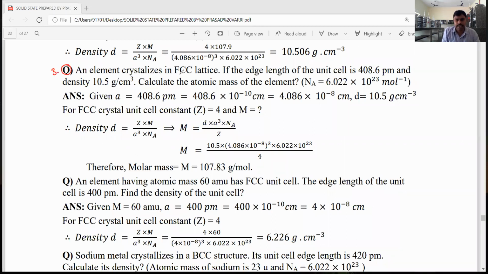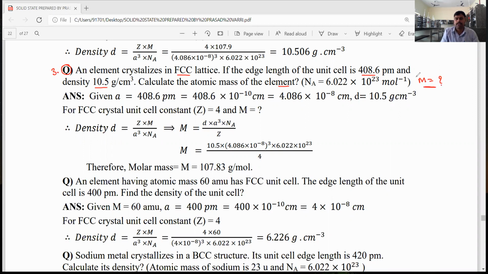An element crystallizes in an FCC unit cell. The edge length they gave is 408.6 picometers and the density they gave is 10.5 gram per centimeter cube. Calculate the mass of the element. The m value we need to calculate in this question.